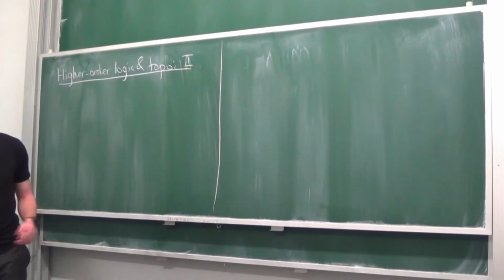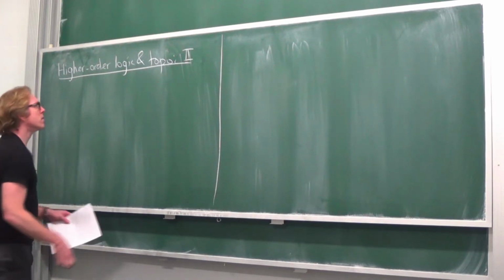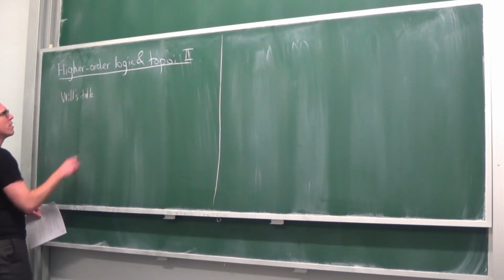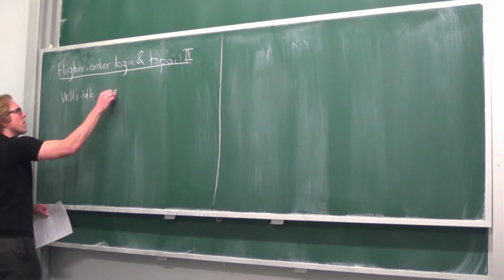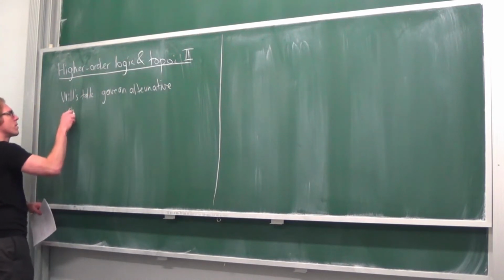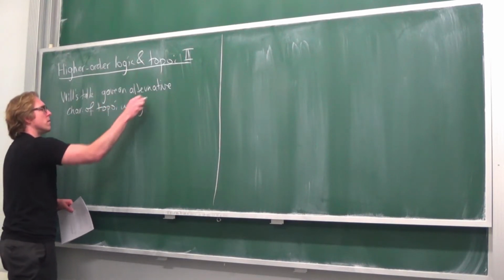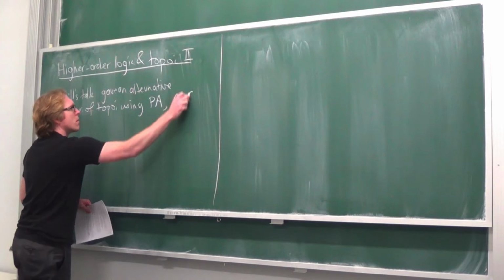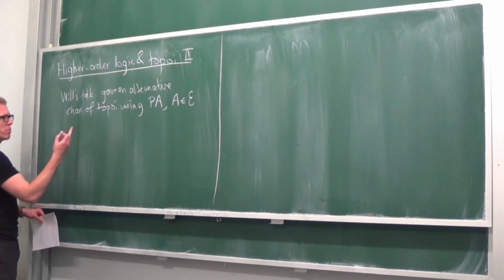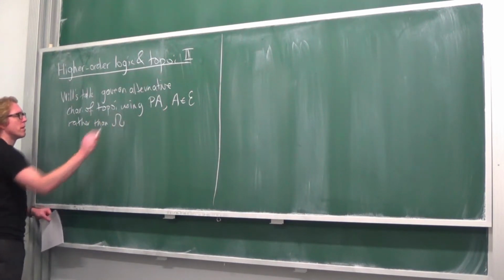So this is meant to follow on from Will's talk. So let's recall, in Will's talk, which was higher order logic and topoi 1, we gave an alternative characterization of topoi using a collection of objects which acted like power set objects, parameterized by objects of your topos, rather than a sub-object classifier.